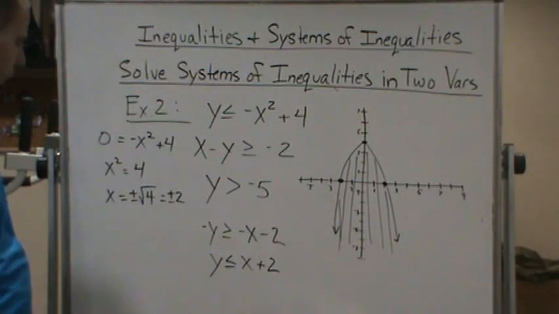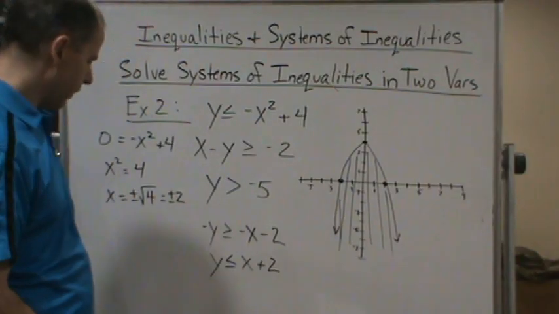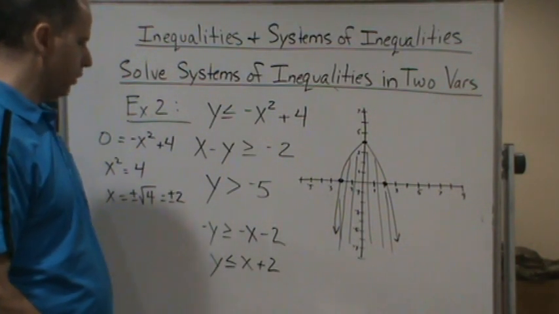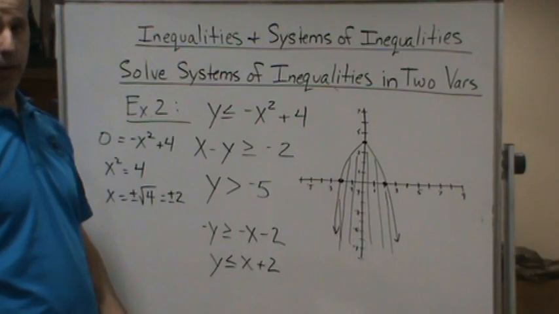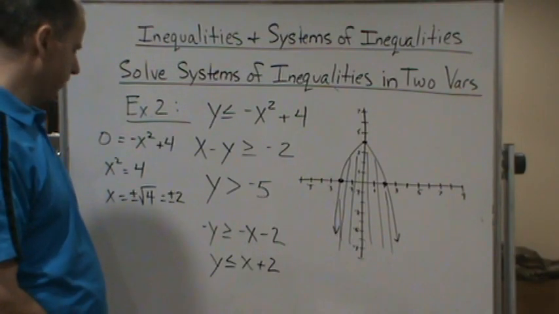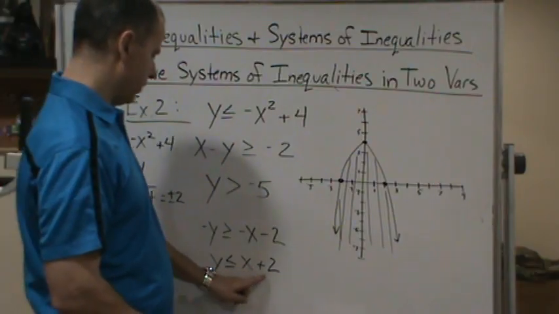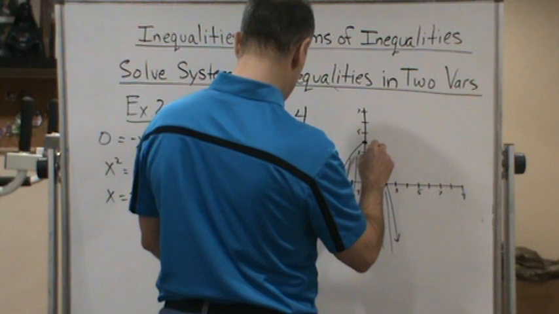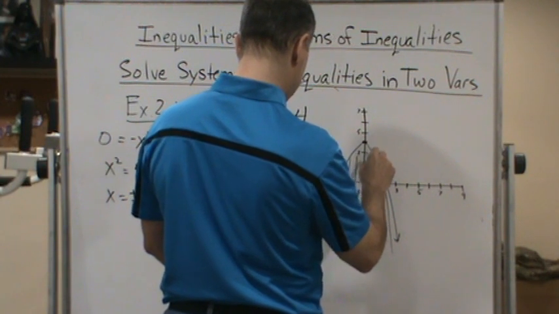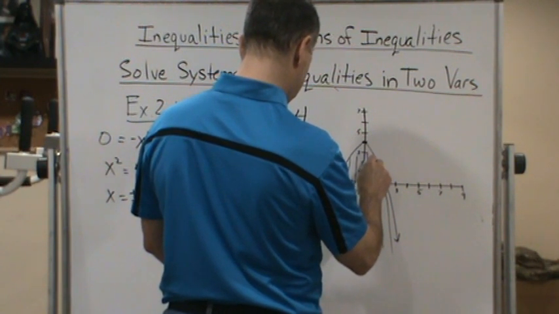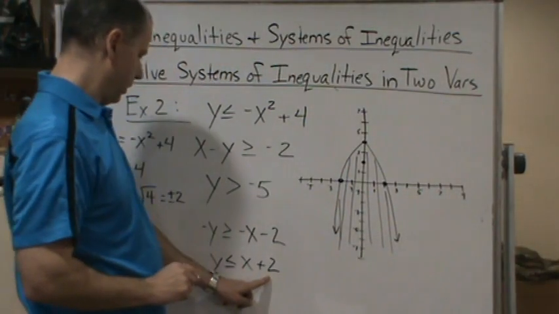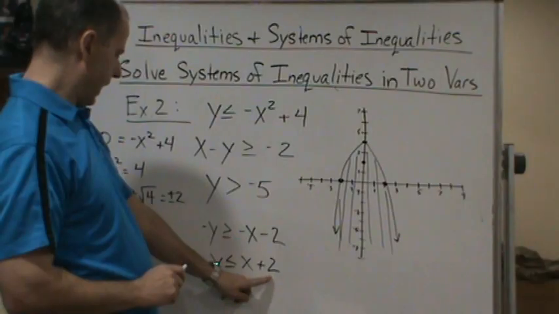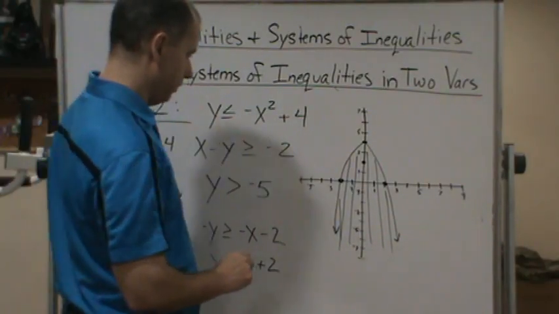Okay, now we're going to plot the equation, right? And since it's less than or equal to, the graph of the equation will be a solid line. And so this has an intercept at 2, right? So at 2. Okay, so y-intercept at 2, and the x-intercept is at negative 2.